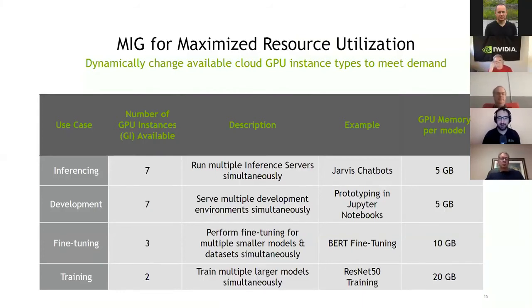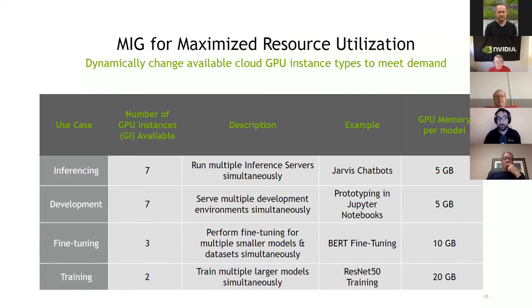So I want to close off, as I always like closing off, with a few examples and use cases. So there's lots of things you want to use this for, but there's sort of 2 or 3 main ones, and I'm going to go over them real quick with some slides. So the first is basic deep learning configurations. So if you're doing inferencing, development, fine-tuning, and training, when you're doing development or inference, we're going to recommend the 7 MIG devices to maximize the number of resources you have, because that's lightweight.